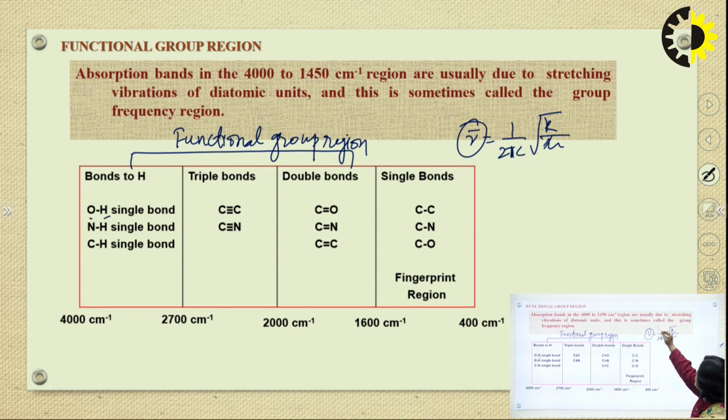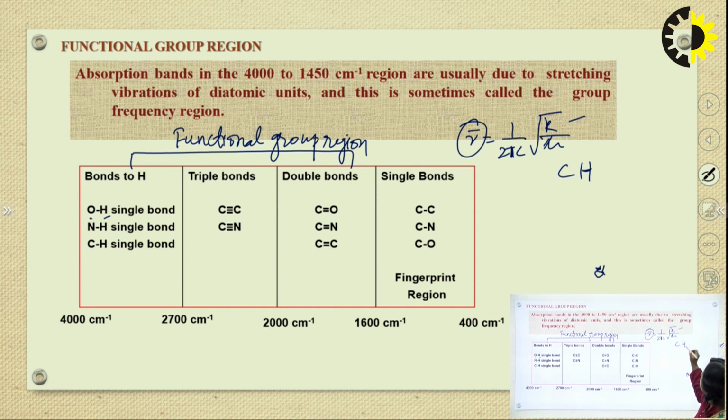But in this complete portion of a specific single bond like the CH bond, the only variable is k. K is the force constant. Force constant means how forcefully one atom is attached to another atom, how much attraction force is in between them.